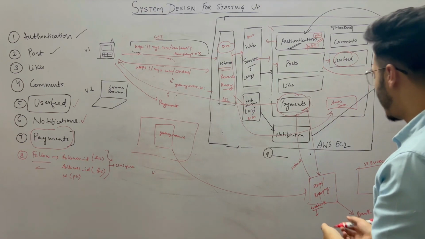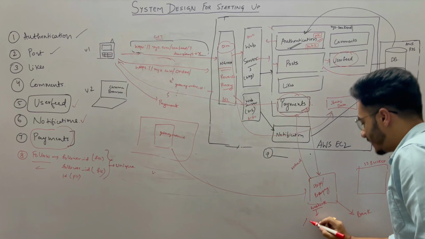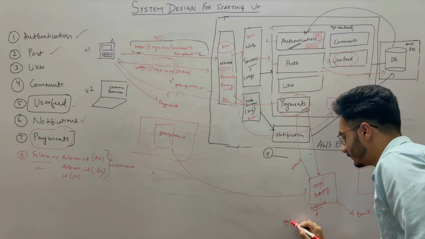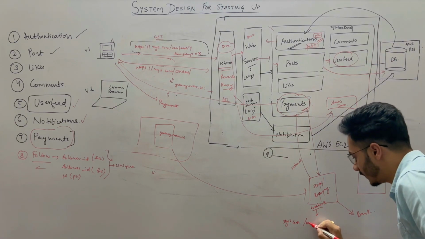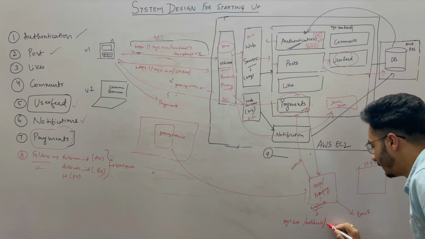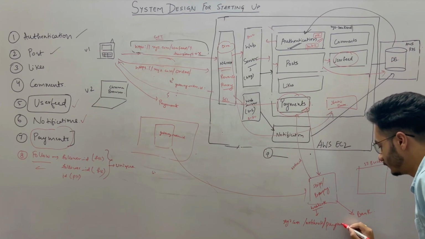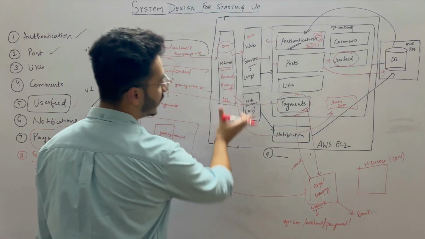So suppose let's say you have a URL on your system, xyz.com/webhook, which you can name anything, and payment. So now this Razorpay will hit this endpoint.